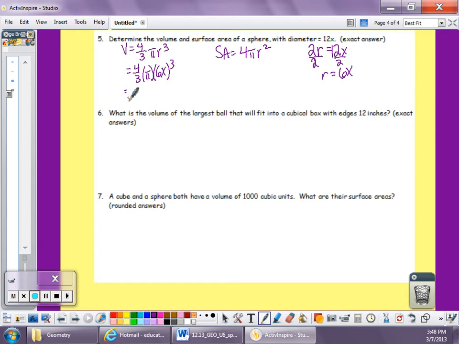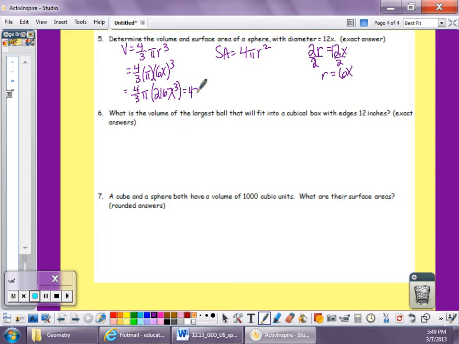This gives me 4/3 pi times 216x cubed. So what I need next is to simplify that. If I'm going to divide 216 by 3, that's a little easier for me.